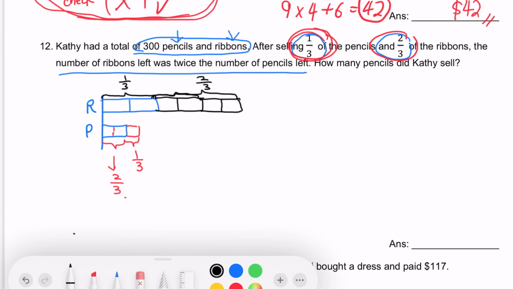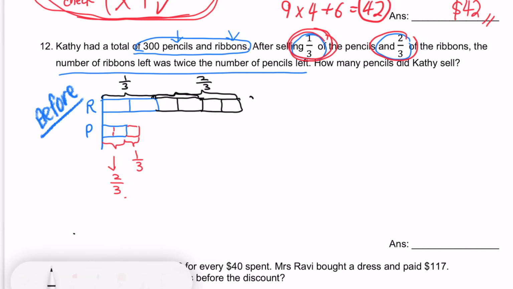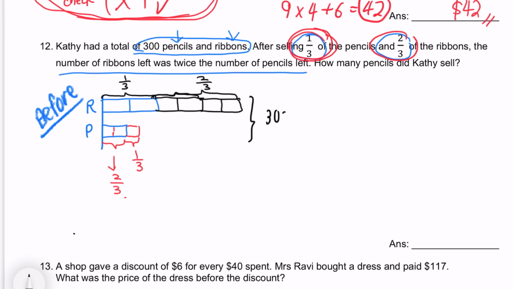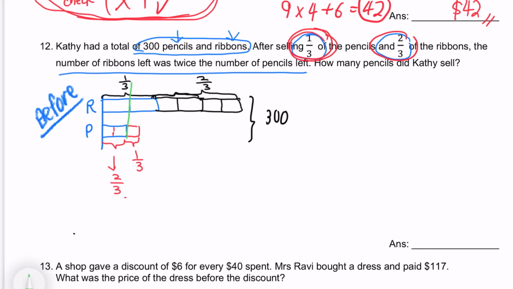So from before, I have already crafted out the before model, before selling, and this entire thing is equal to 300 pencils and ribbons. So to be able to make a comparison, I need to make sure all of them are chopped up into equal parts. So 1 unit here I can cut into 2, and same goes to the rest.